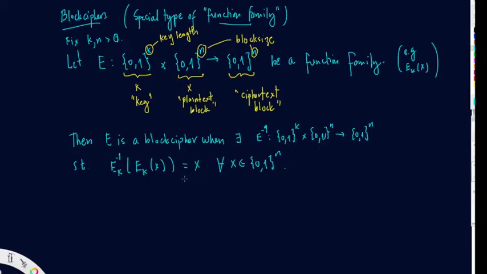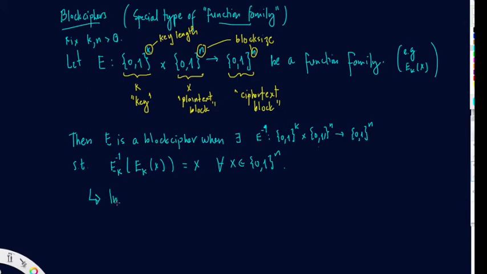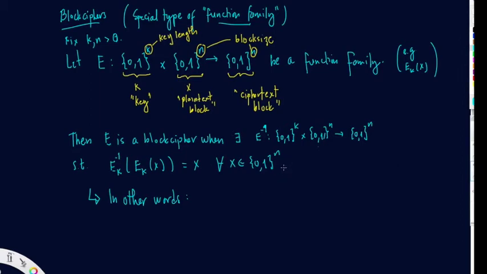Yeah? And vice versa, if you were to run this first and then this, you would again get back x. The way we usually shorten this is to say, in other words, something I didn't say a moment ago: this is true not only for all x, but also for every key k.